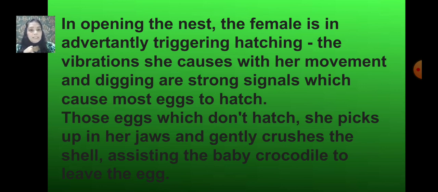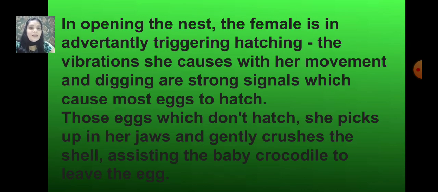It picks the egg in her jaws, means from her mouth, and gently crushes the shell. Very softly it will bite the shell, it will crush the shell, assisting the baby crocodile to leave the egg. See how clever it is?